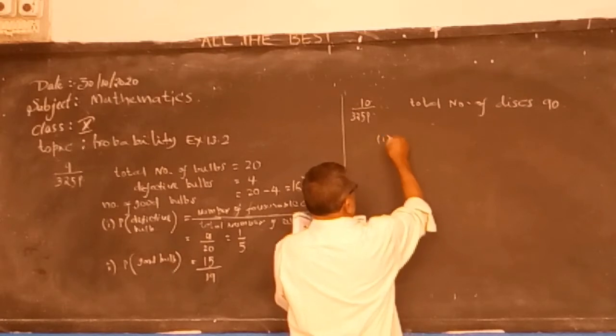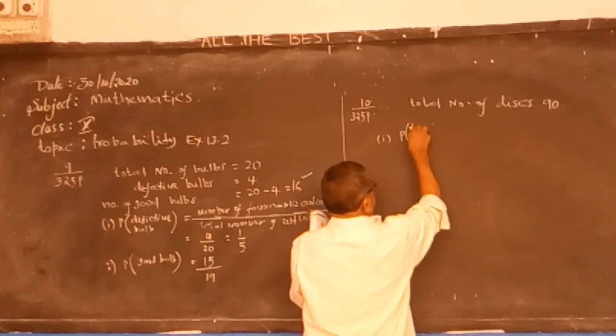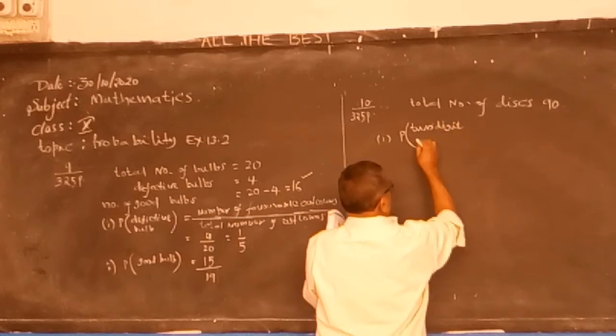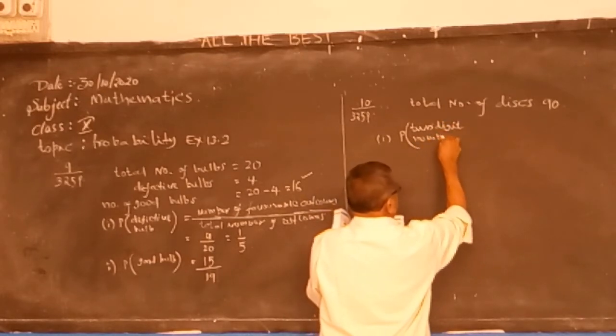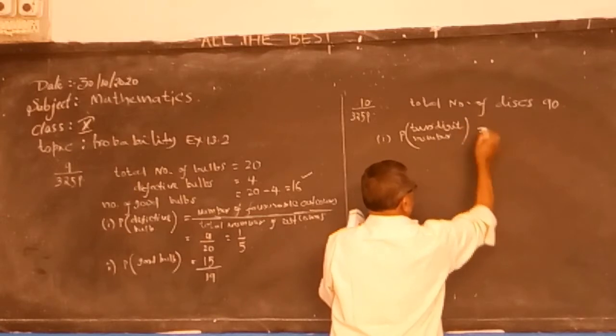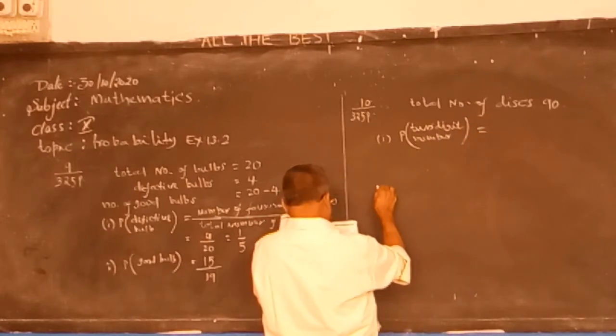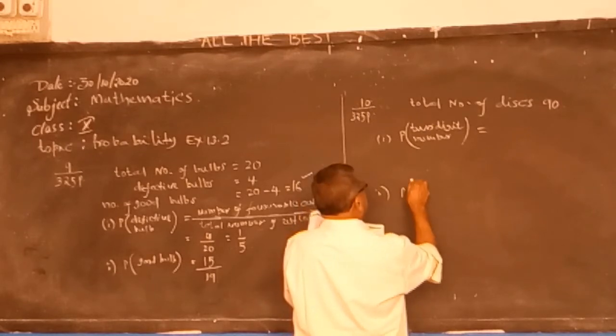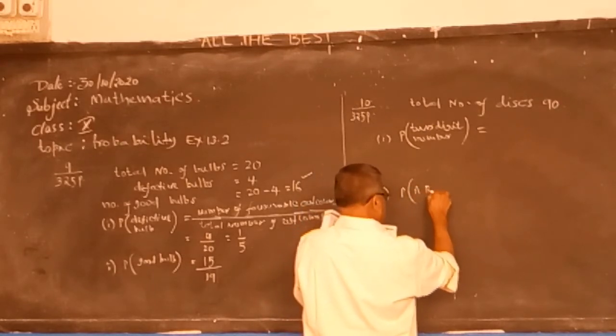Number 1: probability of a 2-digit number. Second question: a perfect square. Probability of a perfect square.